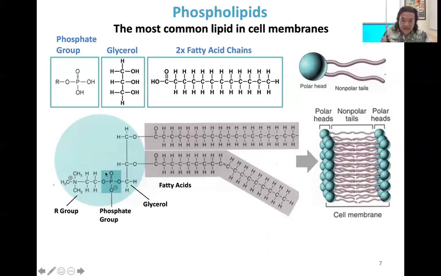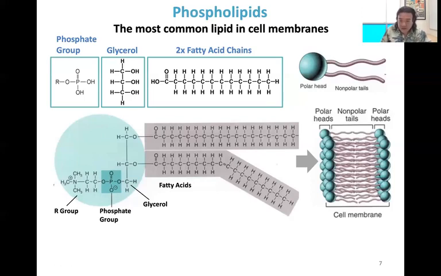But in this case, if the 3rd carbon in the glycerol has a phosphate group attached to it, this makes a phospholipid. And importantly, that phosphate group is quite capable of having some other R group attached to it, whatever that might be.